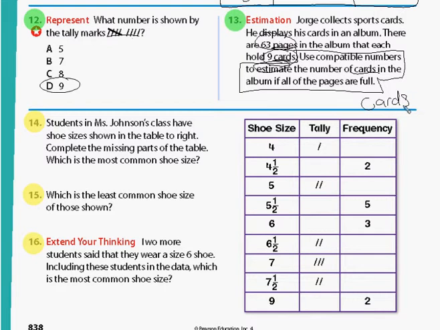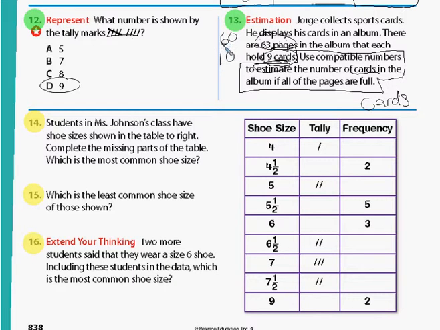So I'm going to figure out the number of cards. Chances are, there's more than one card per page, so my answer is going to be larger. I've got different labels, pages and cards. That's telling me it's a multiplication problem. I also see estimate right there. Estimate's telling me I need to do some rounding. So 63 right there is going to round to 60. 9 will round to 10.